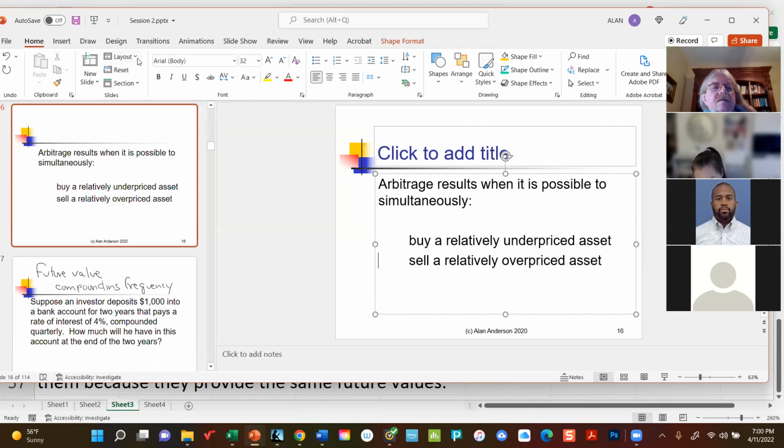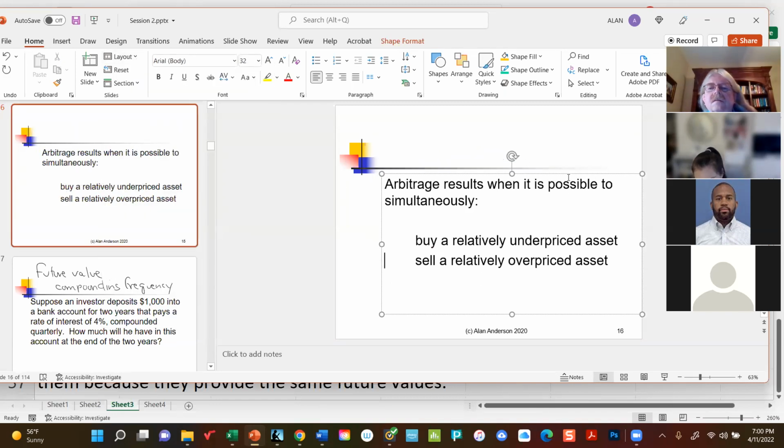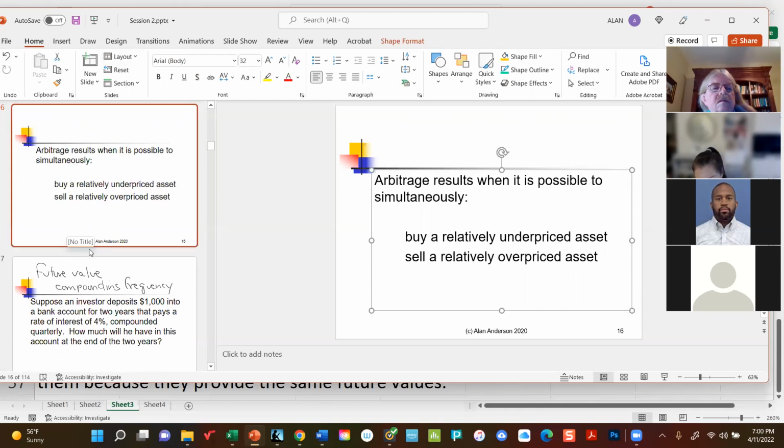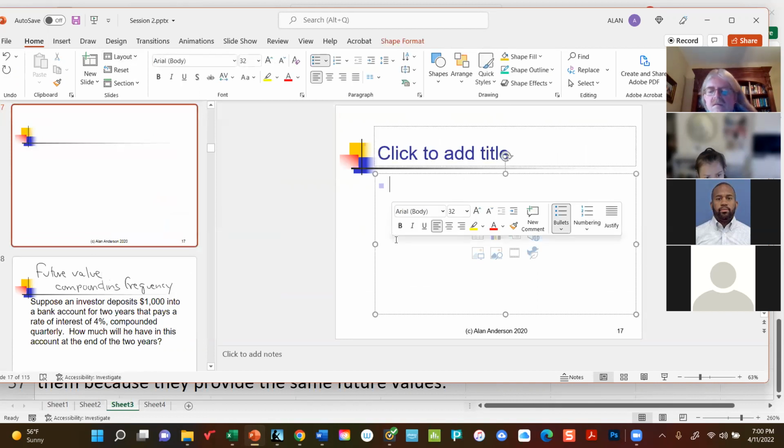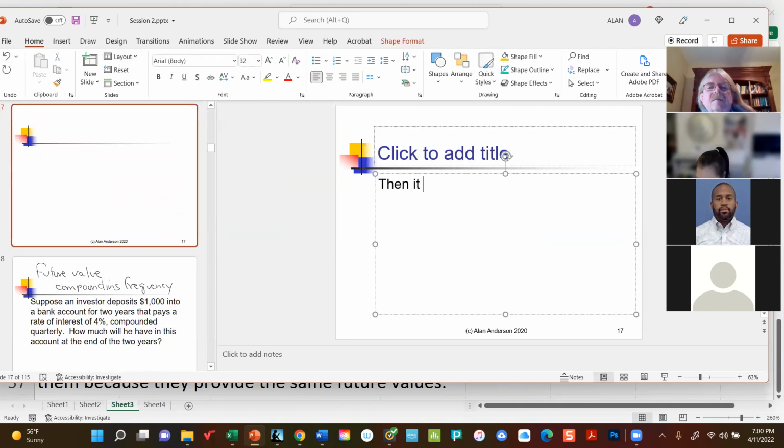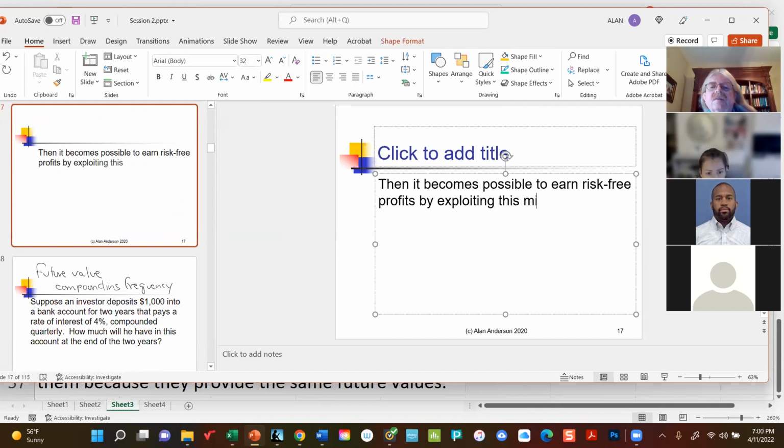When that happens, then it becomes possible to earn risk-free profits by exploiting this mispricing of the asset.